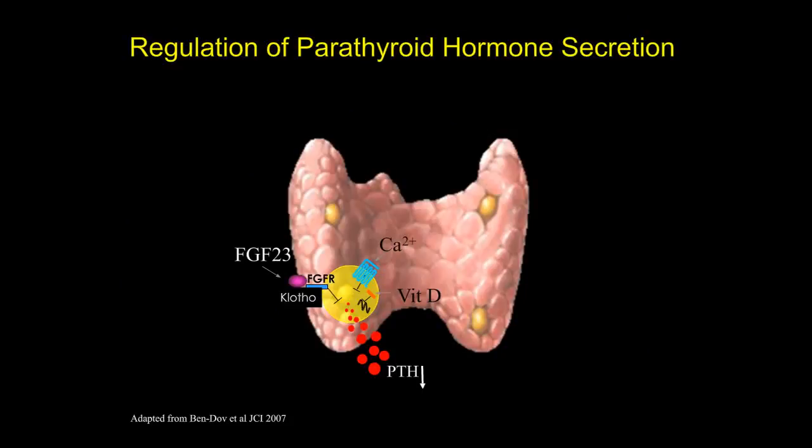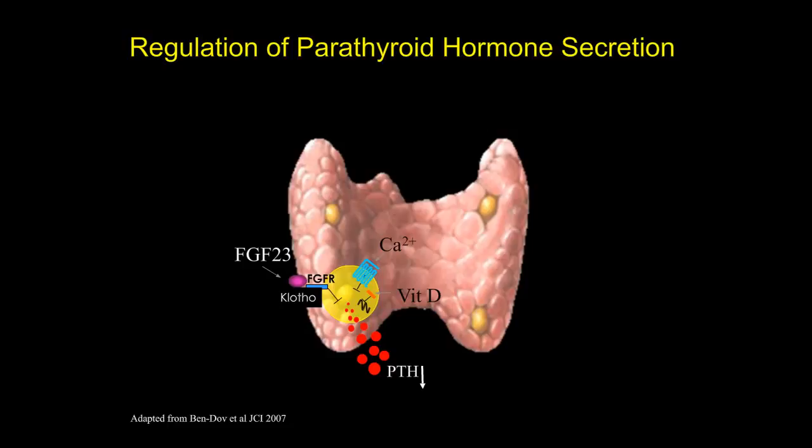In terms of the regulation at the parathyroid gland, as I mentioned, parathyroid hormone is constitutively released, and we basically have inhibitory factors. We have the calcium sensing receptor, which acts to inhibit parathyroid hormone release. We have the vitamin D receptor, which also helps to inhibit parathyroid hormone release.